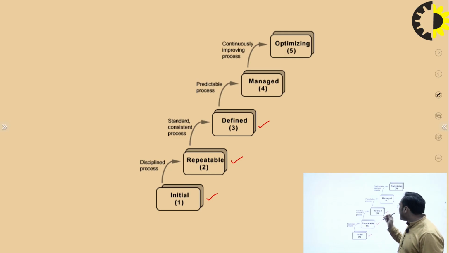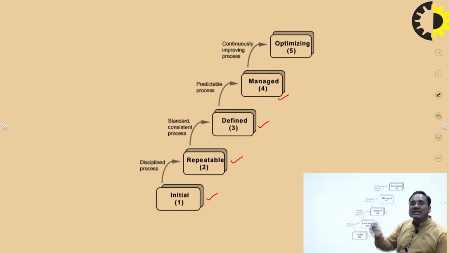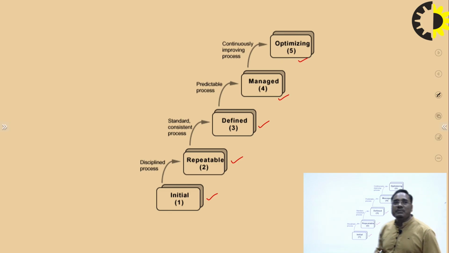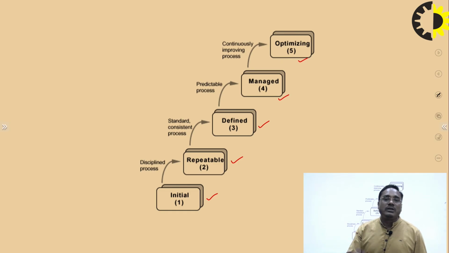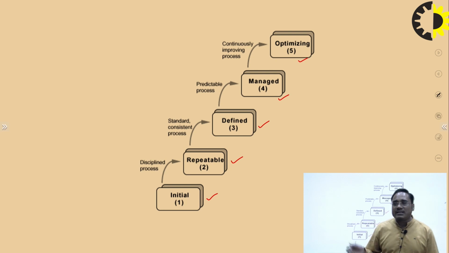The fourth is the predictable process: what you are predicting and how you are going to manage it. And the fifth label is the continuously improving process. In the fifth label we are continuously changing the software as per user demand, client demand and organization demand. So these are the 5 labels we are going to discuss one by one.